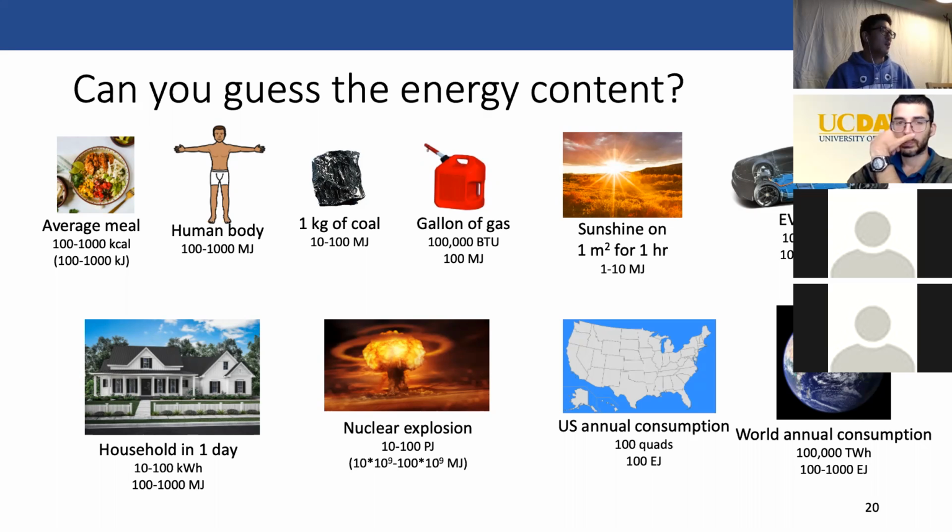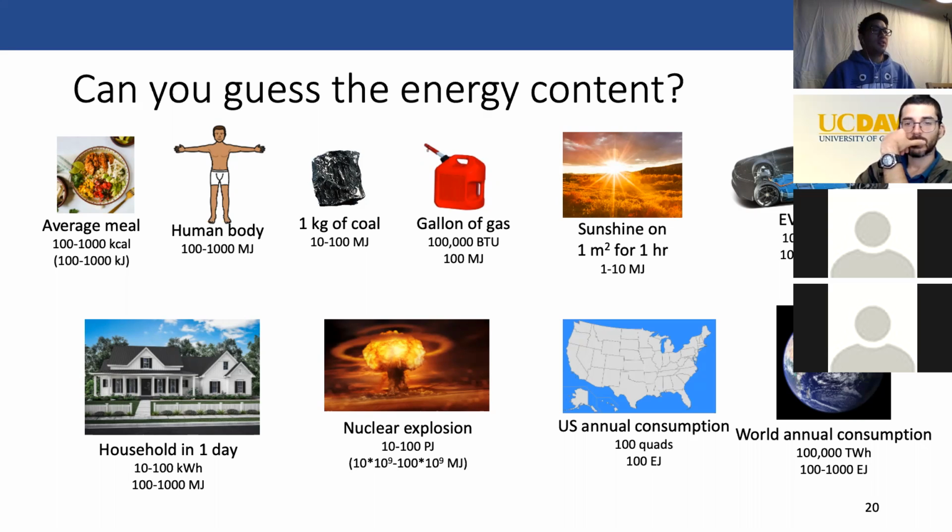So if you had a nuclear explosion, the amount of energy released is 10 to the ninth of that. And so you could probably power all the households in the US for a day with a nuclear explosion.